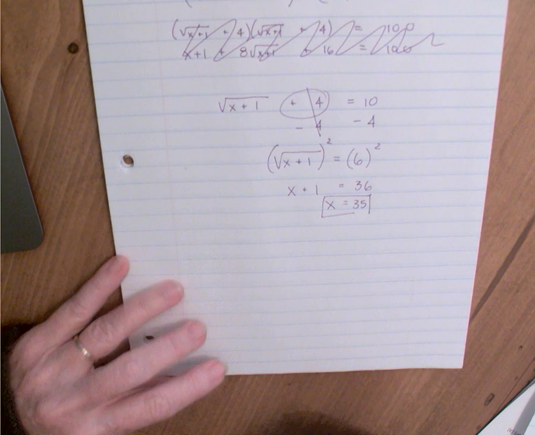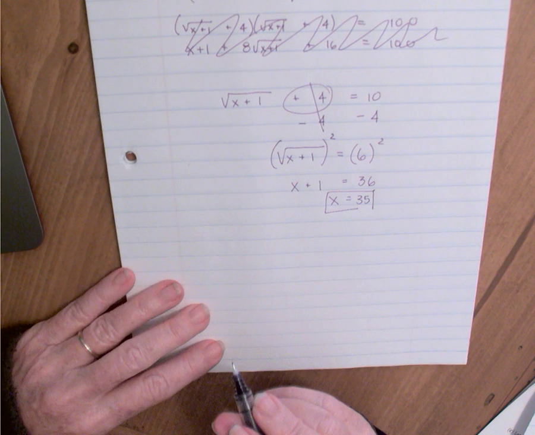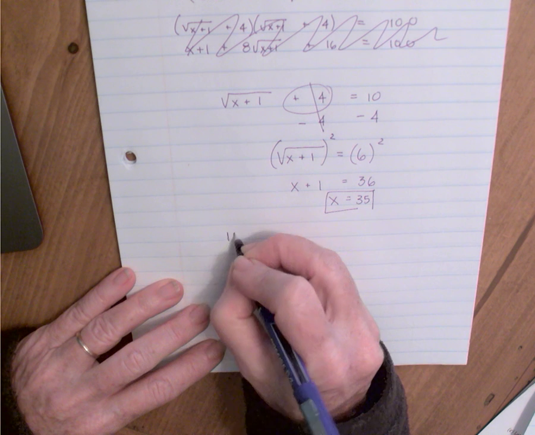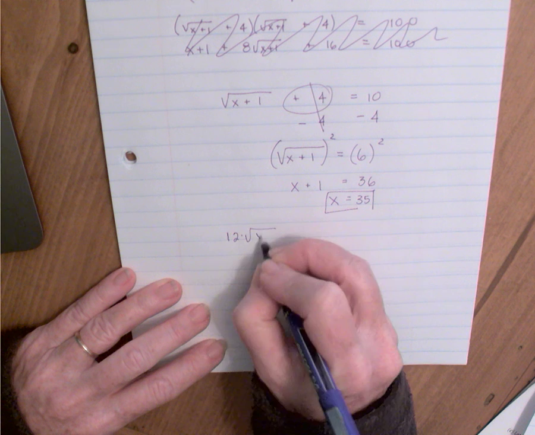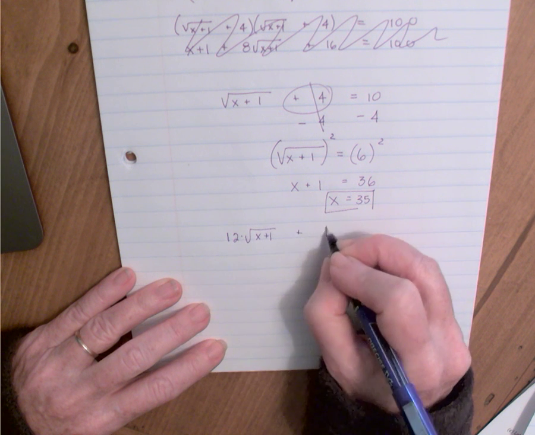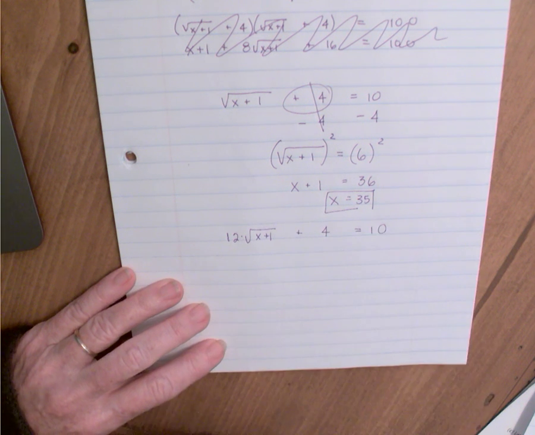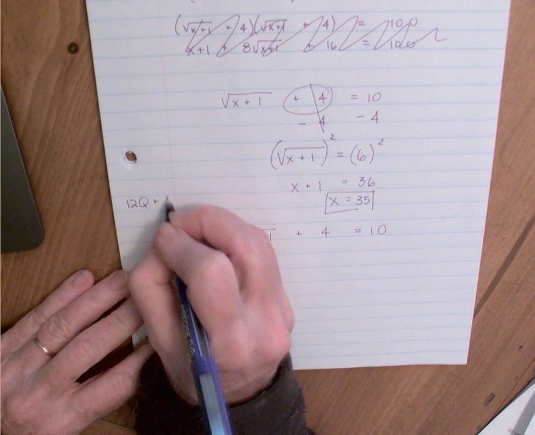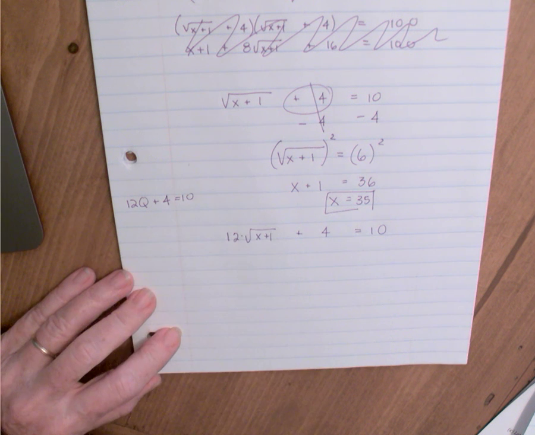Likewise, it could get even a little bit more complicated. You could have something like, let's say, 12 times the square root of x plus 1 plus 4 is equal to 10. And you're going to do the same thing you would do as if you had 12q plus 4 is equal to 10, right?